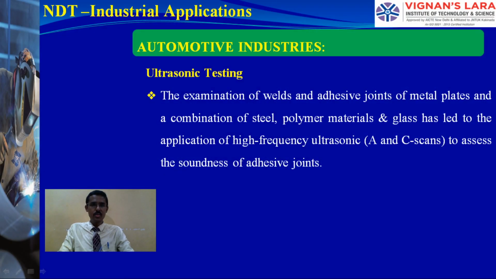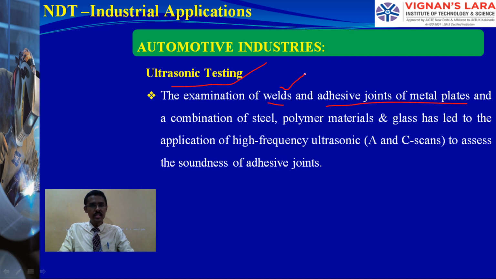It means we can take ultrasonic testing, or radiography techniques, or maybe visual, but we have to do it carefully because finding defects reduces cost and improves quality. First, ultrasonic testing methods: the examination of welds and adhesive joints of metal plates.